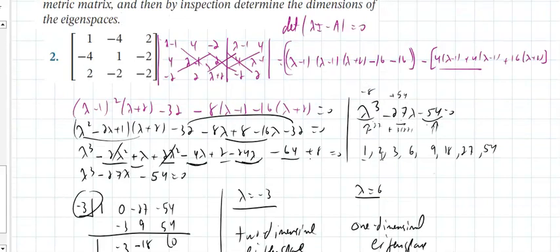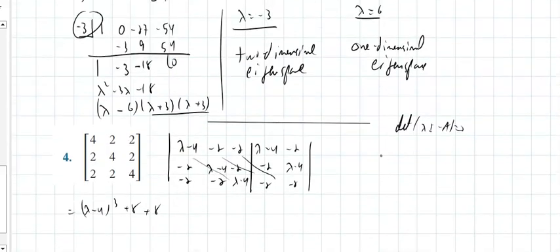Shouldn't have made a mistake. No, that's fine. Okay. Minus a negative 2 times lambda minus 4 squared. No. No. I should have put those in order, but I didn't.